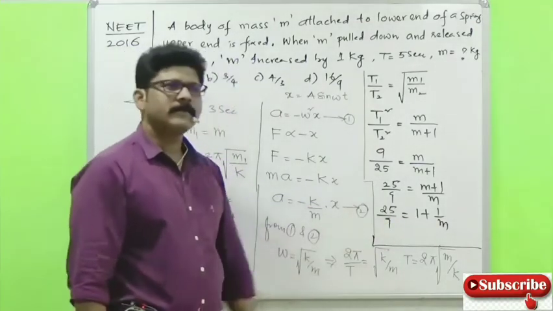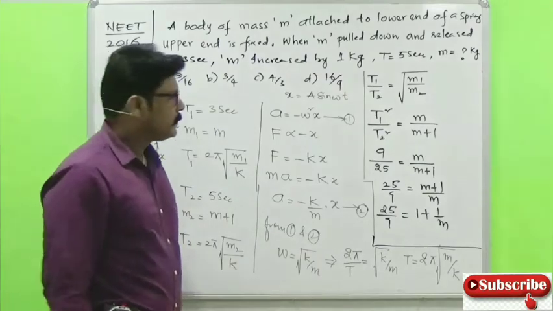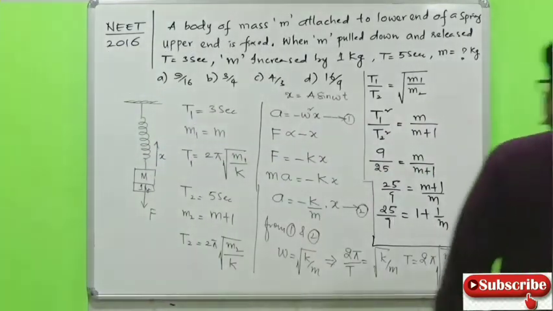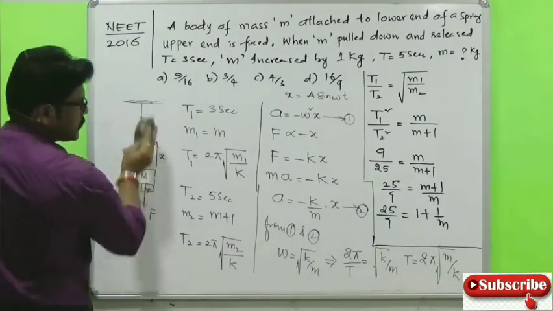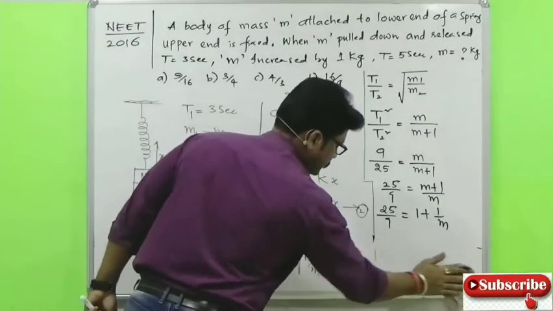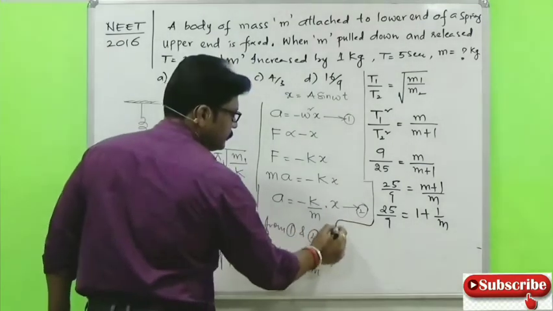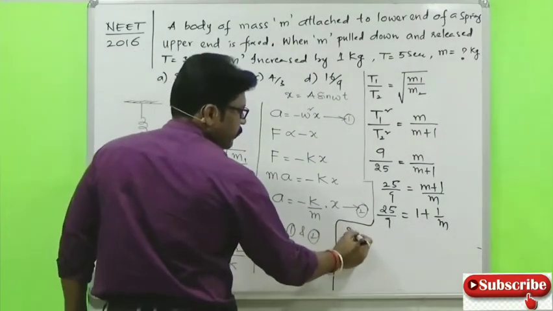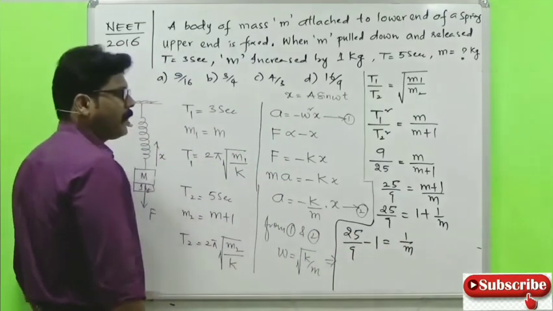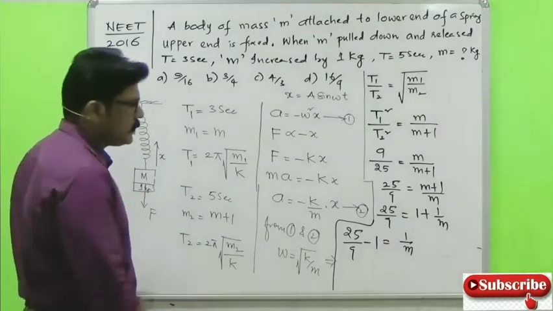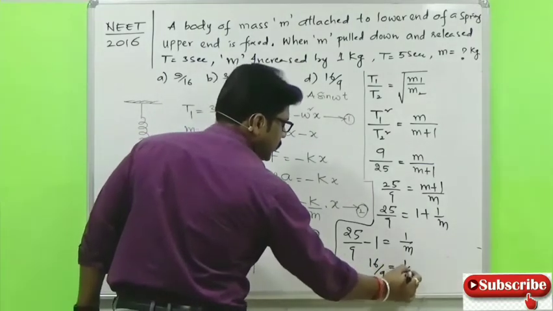Now bring this value to this side. Then 25 by 9 minus 1 equals 1 by m. Now we get 16 by 9 equals 1 by m.